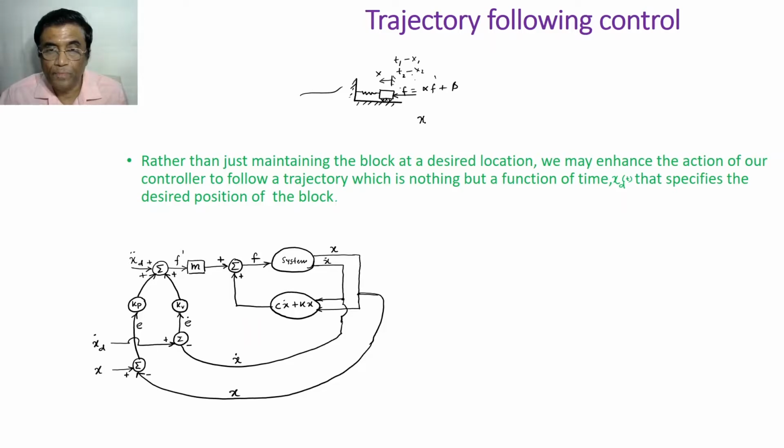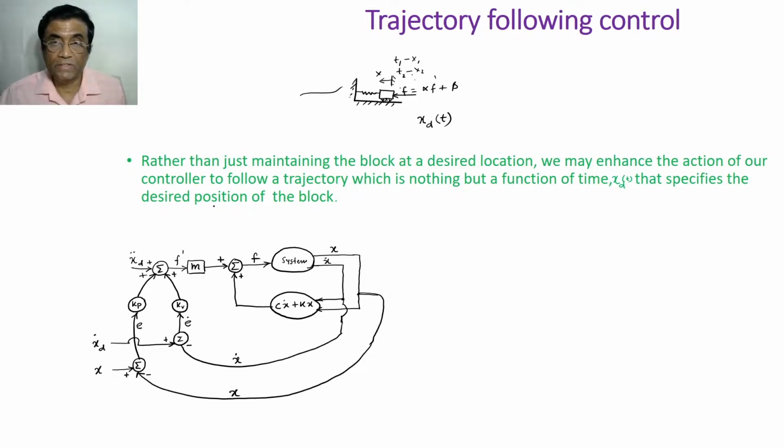So instead of a desired xd at t1, now xd is a function of time that specifies the desired position of the block at any instant of time. So it's not discrete anymore, right?